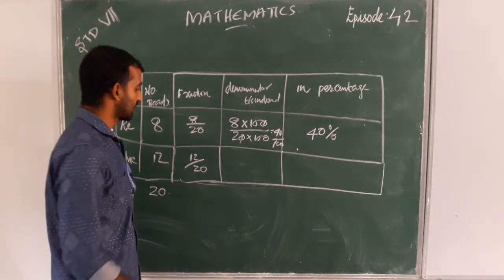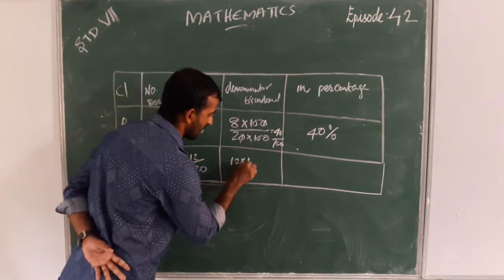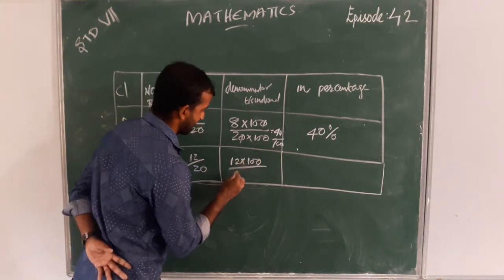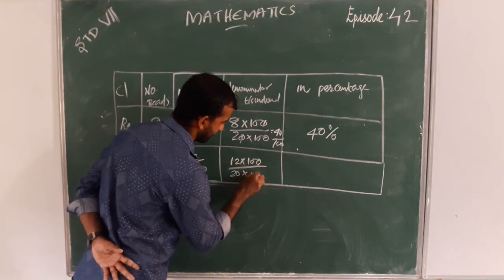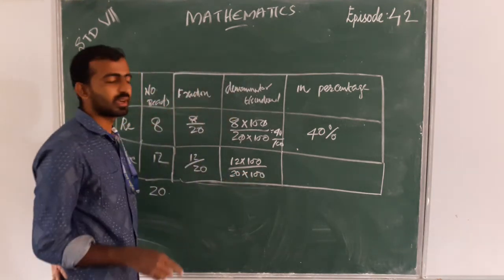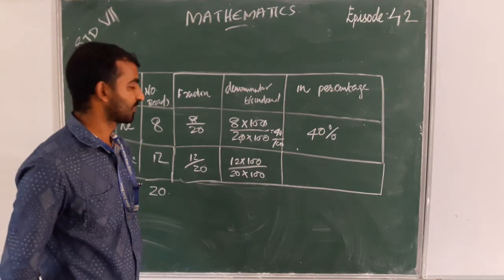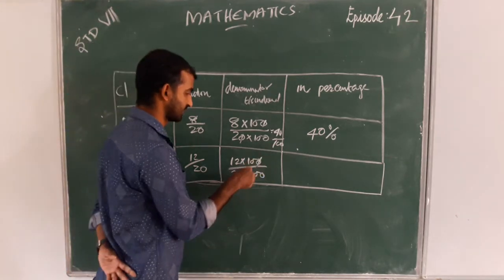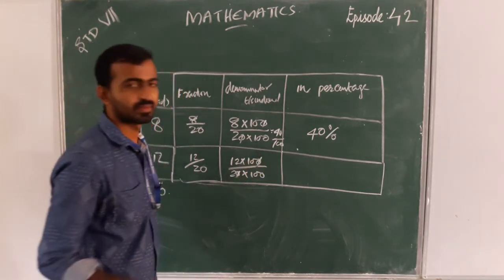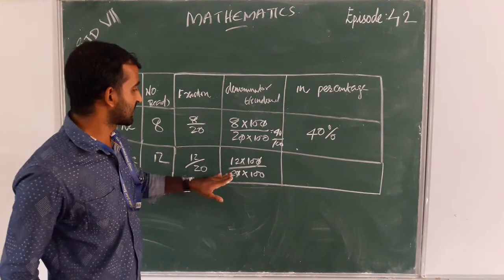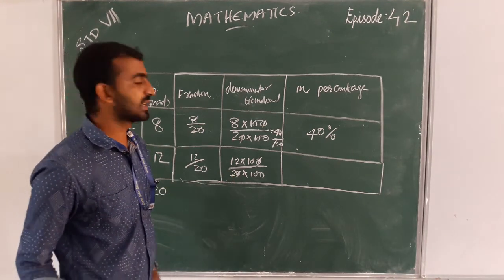Next, what can we write? 12 into 100 by 20 into 100. And next is 60 by 100.